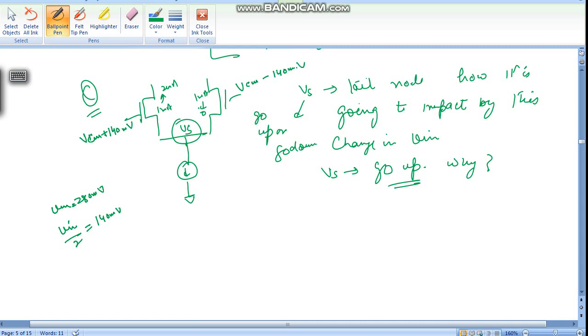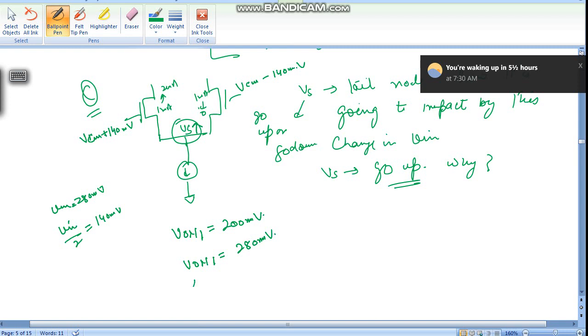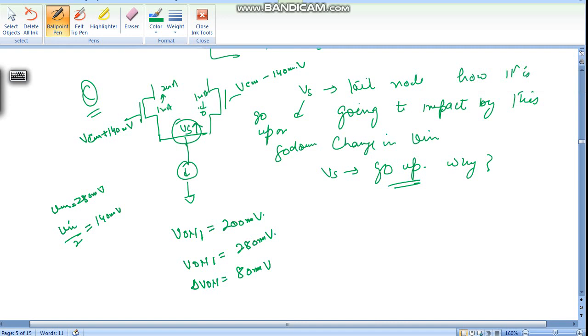Now we need to find out how much VS will go up. So how to find this? Initial VON1 equals 200 millivolt, new VON1 equals 280 millivolt, so delta VON equals 80 millivolt.